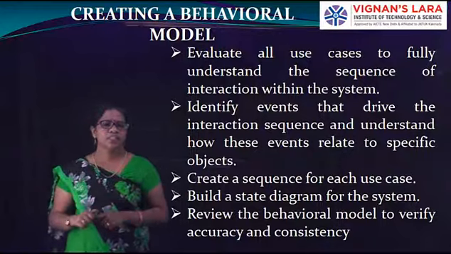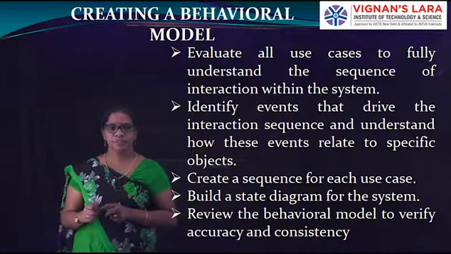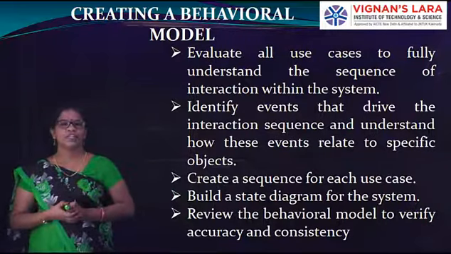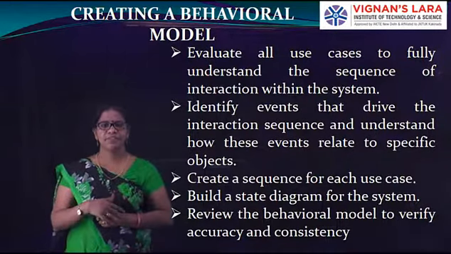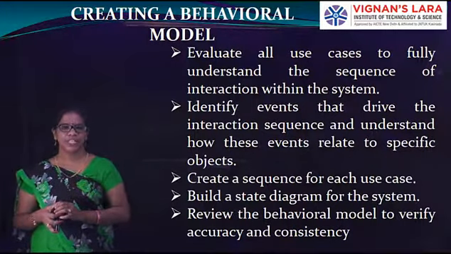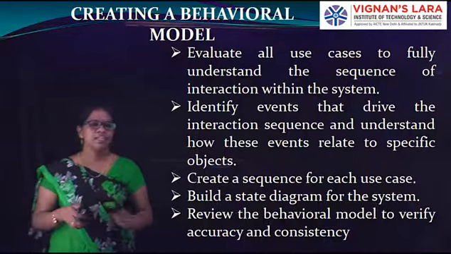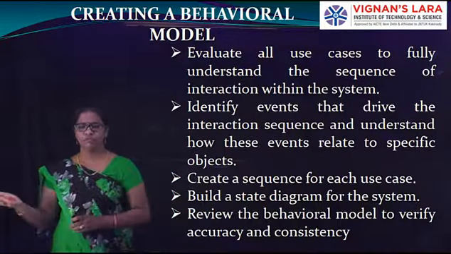Next, thirdly, create a sequence for each use case. That is a sequence diagram. We will see what a sequence diagram is. We have to create a sequence for each use case. Fourth one is build a state diagram for the system. We have seen the state diagram.